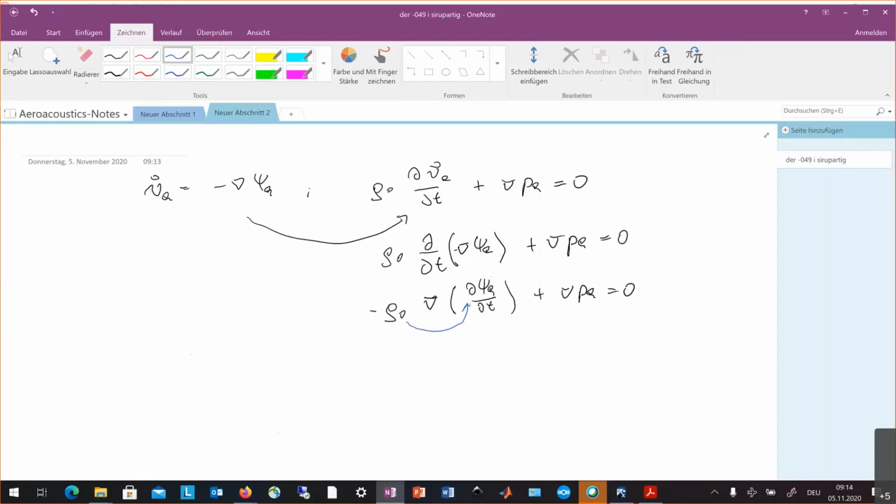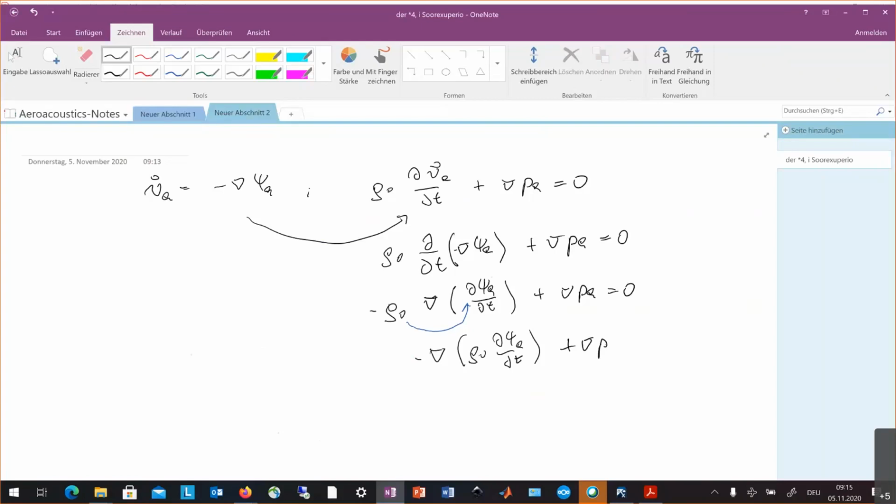And so it is correct to rewrite this term as minus the gradient of the mean density times the time derivative. So you again see how important it is that you know what physical effects you have to model. If your medium has a constant density or you have a layered medium or whatever, then this would not be allowed. But here it is allowed.